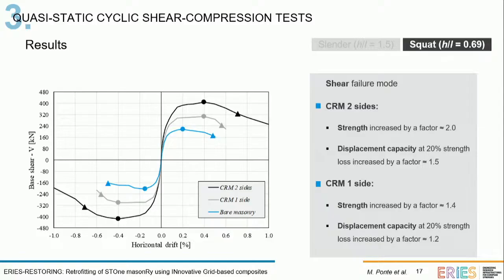And for the squat specimens, failing due to shear, we have the CRM on 2 sides with an increase of strength by a factor of 2, and ultimate displacement capacity increasing by a factor of 1.5. And CRM on one side with a strength increase of 1.4 and ultimate displacement capacity increasing by 1.2.